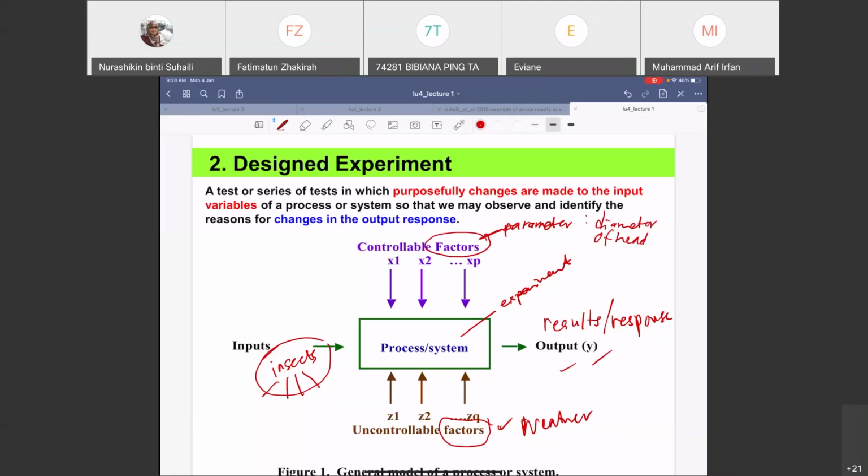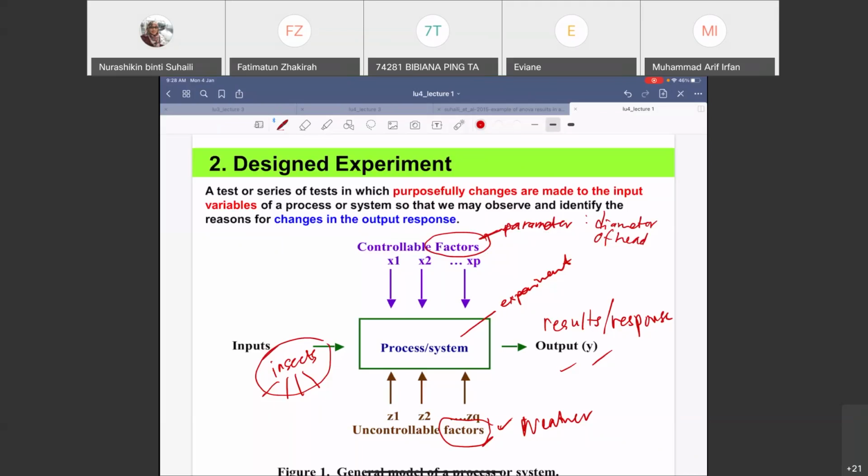I hope you understand. It's something you can't control, but it exists in the process during the experiment. But perhaps it doesn't give that much impact on the outputs of your process.